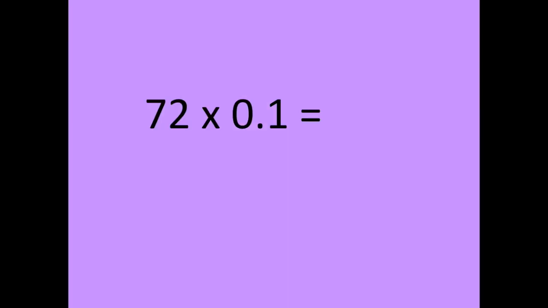Last problem. Solve 72 times 1/10. 72 is going to get 10 times smaller because we're multiplying it times 1/10. Remember, multiplying by 1/10 is the same as dividing by 10.